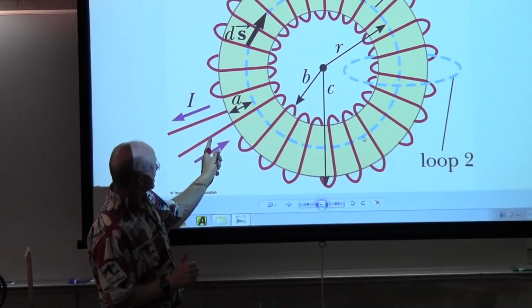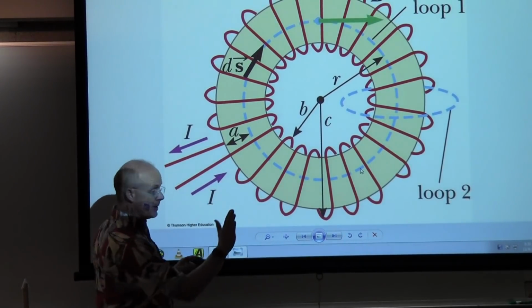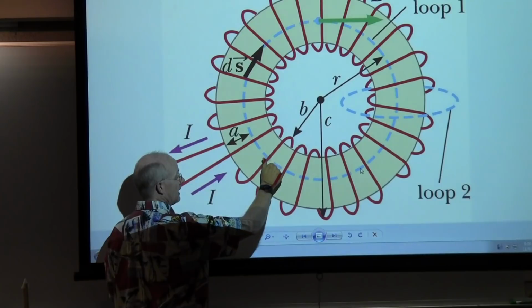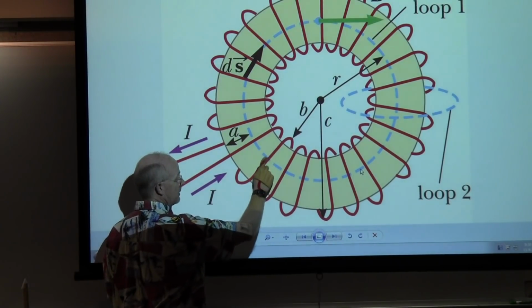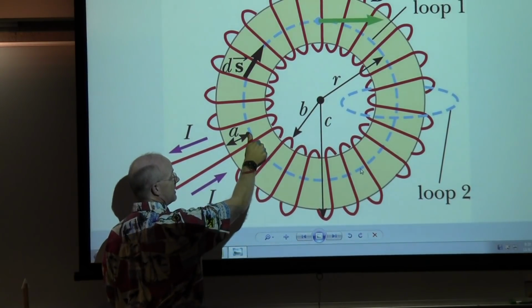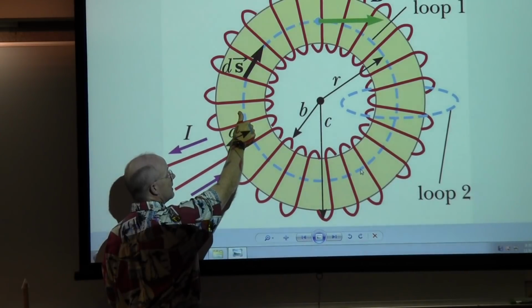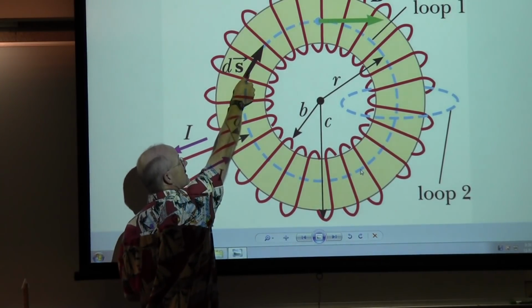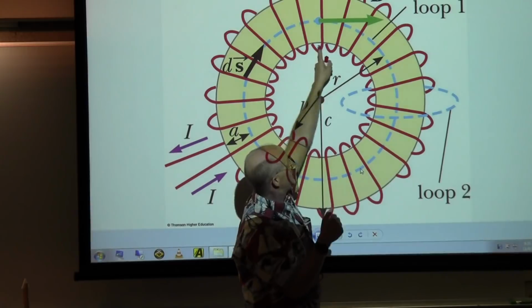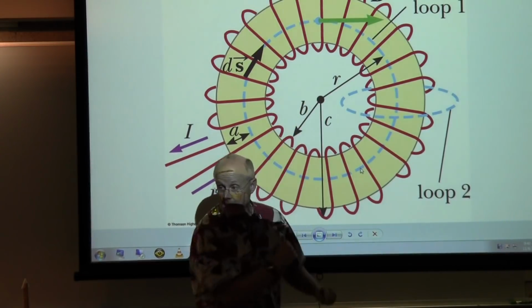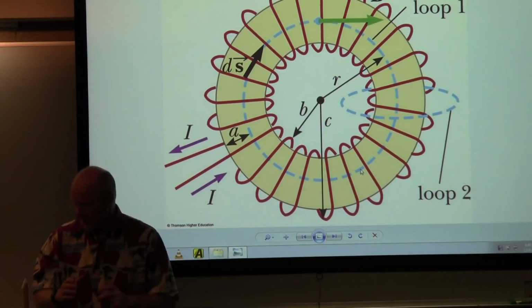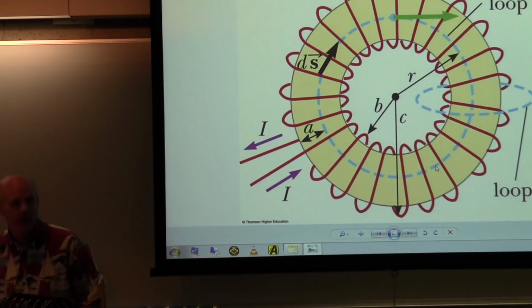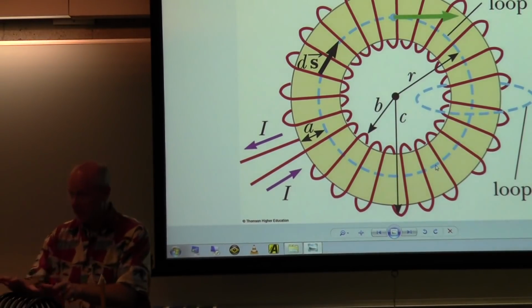So, as I look at this problem here, it looks like the current goes over the top and underneath. Curl. And so the magnetic field at this point would be this way, this way, this way, this way. And so I claim that the magnetic field, as indicated in that picture, is right through that loop. Well, that's maybe a bad example because that one's not curved.